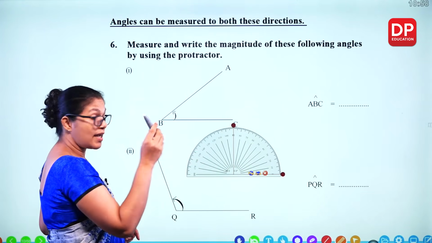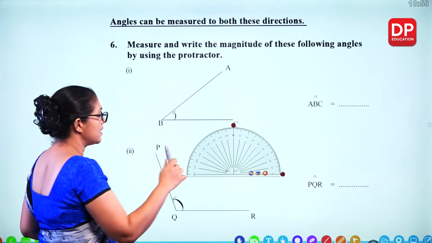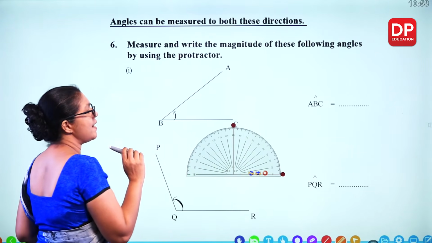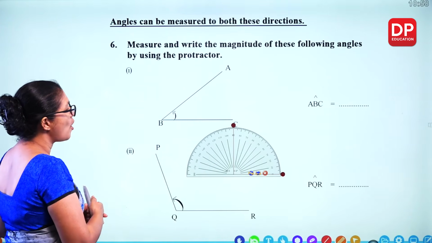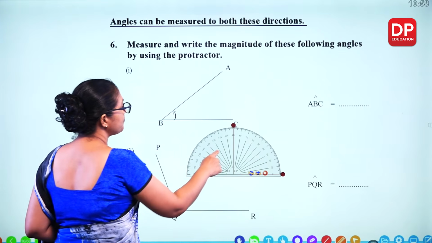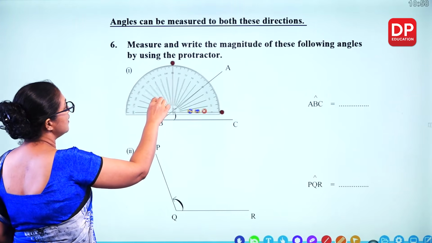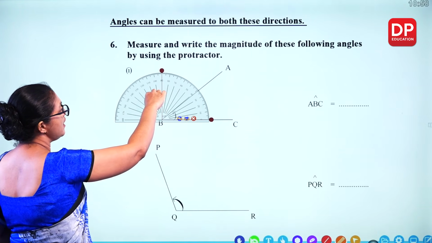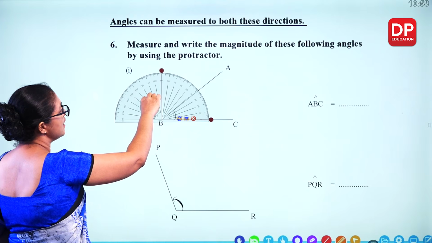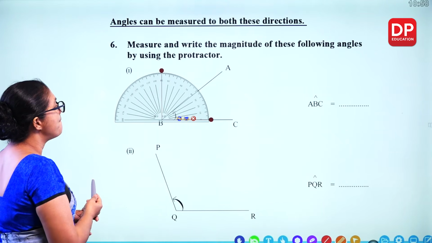If I want to get this side, I have to subtract the value from 180. So I'll use this protractor to measure. So how do we do that? You keep this here. Origin should be on the point B. And the baseline is BC.